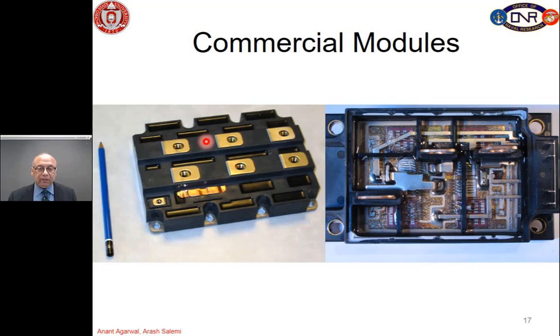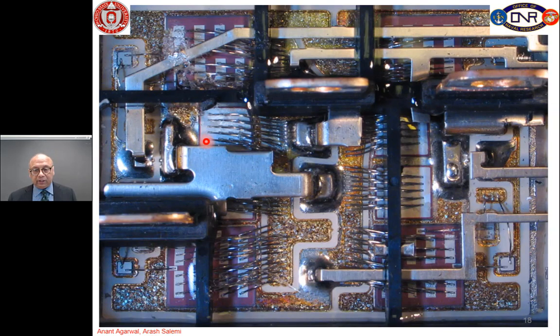We connect them up in parallel using a lot of these discrete devices. Here is an example of a power module where all these devices are connected in parallel to give you higher current ratings. This is a more expanded view of the internal guts of the power module, where you can see these different chips that are connected with wire bonds in a single phase half bridge or the 3-phase configuration.